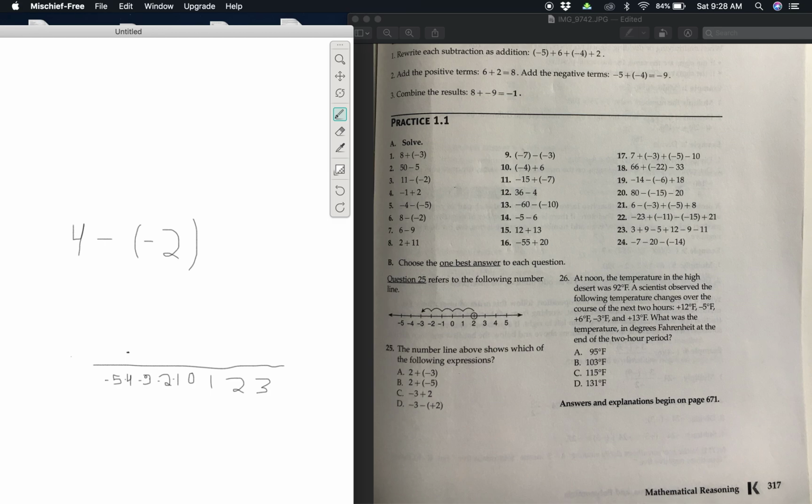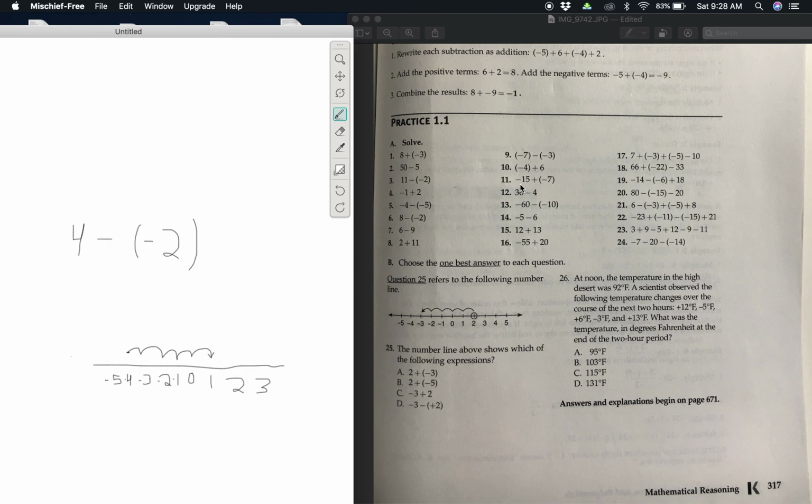So if we want to take away from the negative side, we need to go towards a positive side. So we have -4 minus -5. Okay, so we have 1, 2, 3, 4, 5. Okay, so this would be your answer, 1. Just to make the concept come to life a little more.